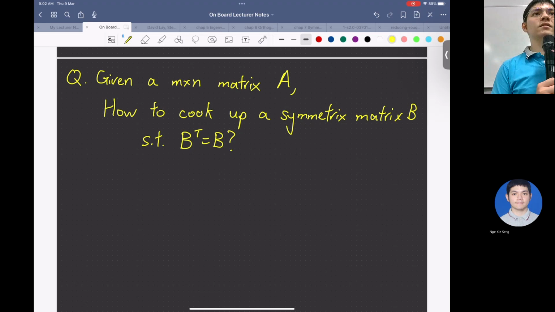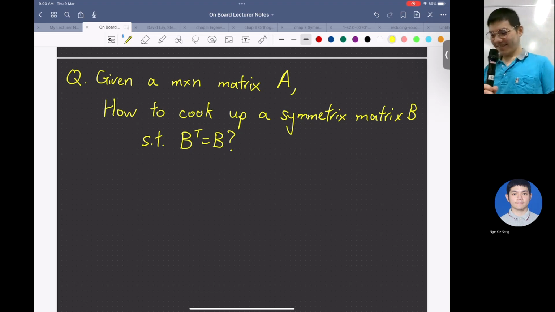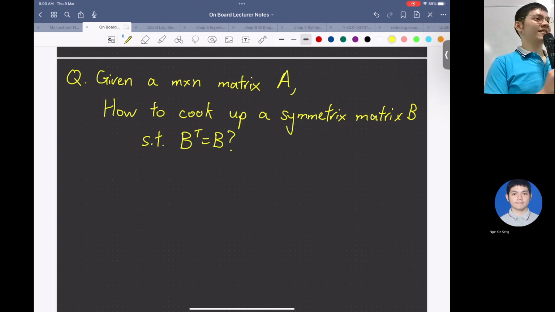Any idea? Impossible? Why? It's possible. Even given a matrix of size M times N, how do you cook up a symmetric matrix?